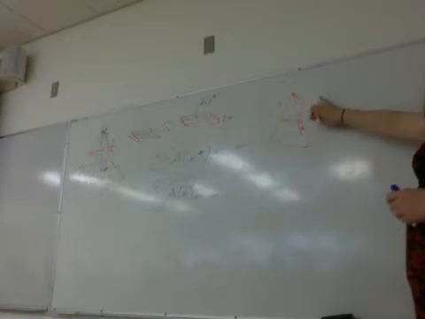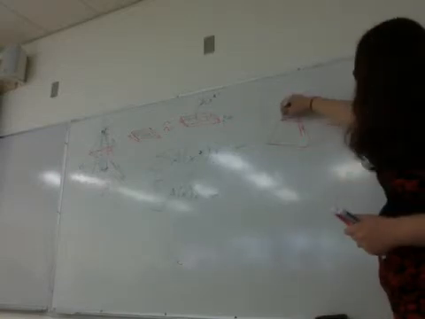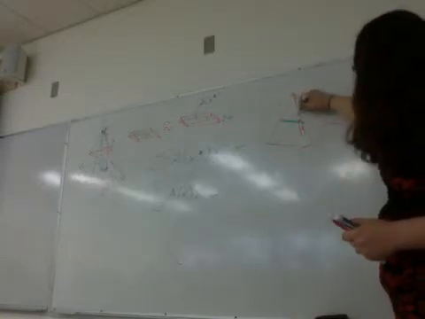The small pyramid is a miniature version of the big pyramid, which means this blue line and that blue line are the same. Since the small pyramid is an image of the big pyramid, this green line and that green line are going to be the same length, because this is a miniature version of the big one.